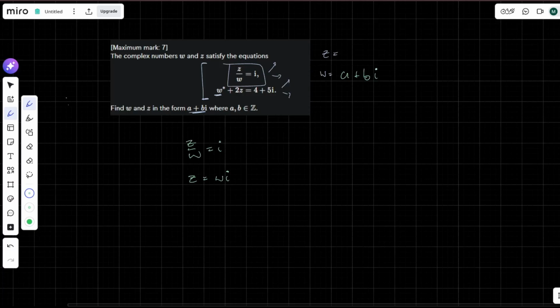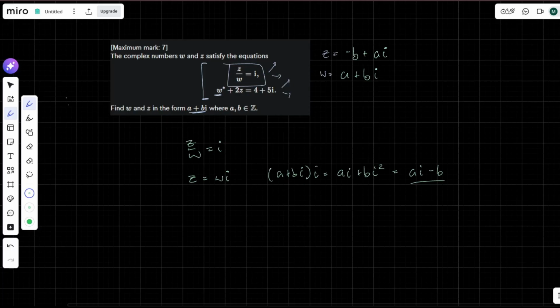And then if we multiply A plus BI by I, that's going to be AI plus BI squared, which is AI minus b, because I squared is -1. And this allows us to represent both our complex number equations in terms of the same two variables. And this is going to dramatically cut down on the amount of work we're going to have to do later.